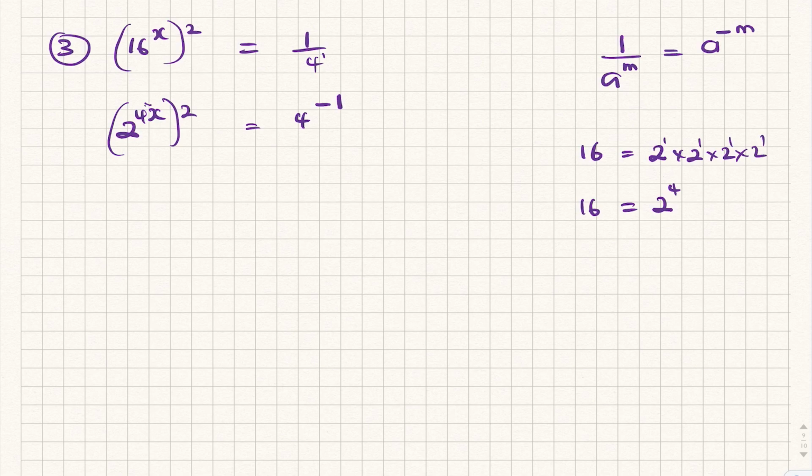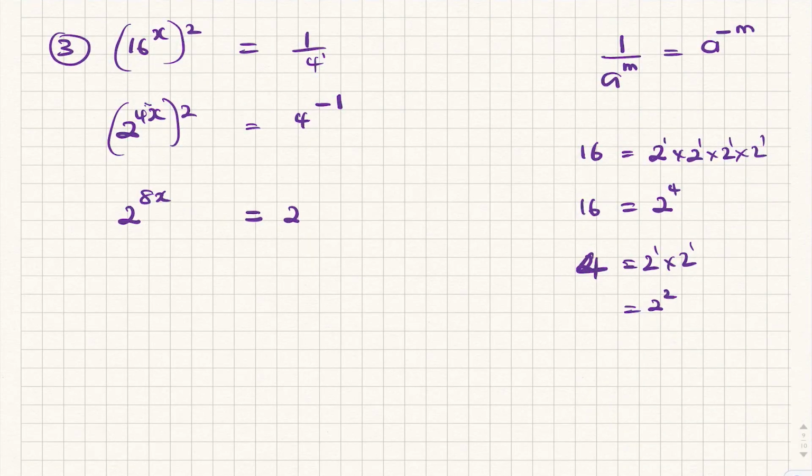And therefore, you multiply the powers out now. So that would be 2 to the power of 4x times 2, so that would be 8x. And that would be equal to, now 4 equals 2 times 2. That's 2 to the power of 1 times 2 to the power of 1. You're multiplying the same base, add the powers. So 2 to the power of 2.